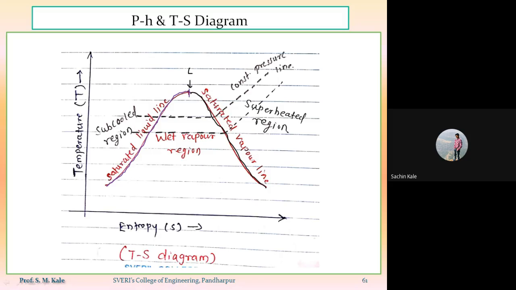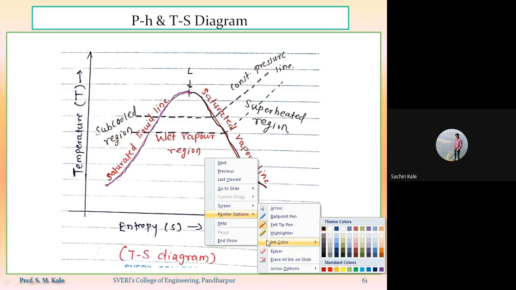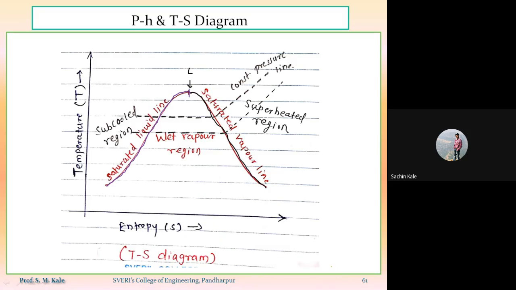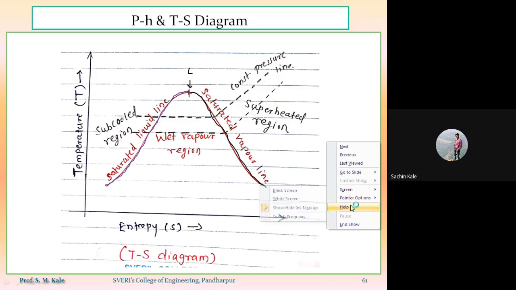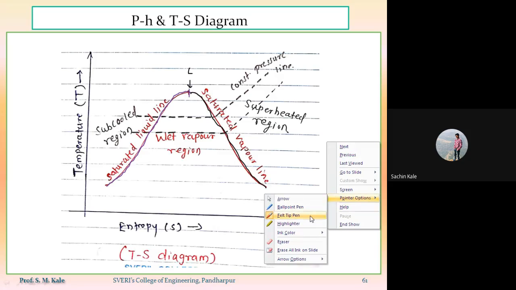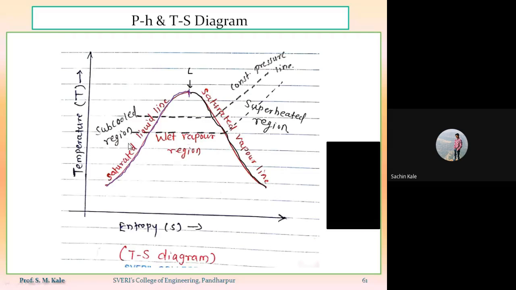Depending upon the saturated liquid line and saturated vapor line, there will be three regions. Out of that, the first region will be called the subcooled region. Here you are observing that before the saturated liquid line, whatever region is there, that is called the subcooled region.